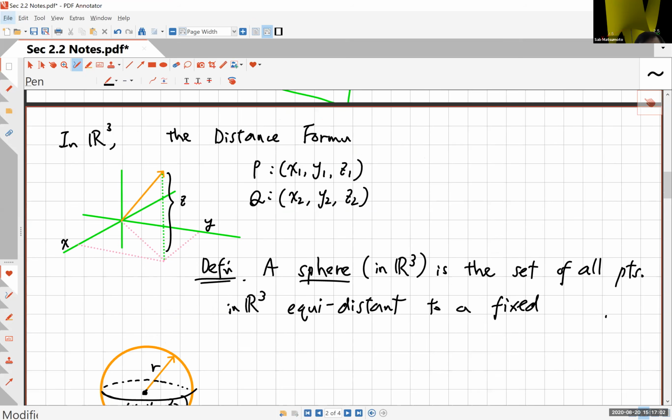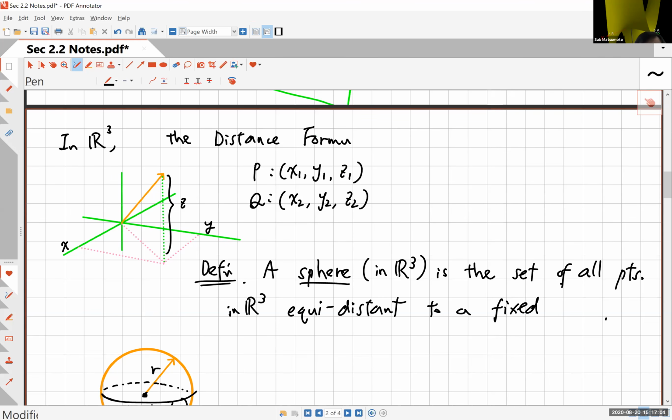All right, now in R3, we have a distance formula. I have already referred to this when we talked about the norm of a three-dimensional vector.